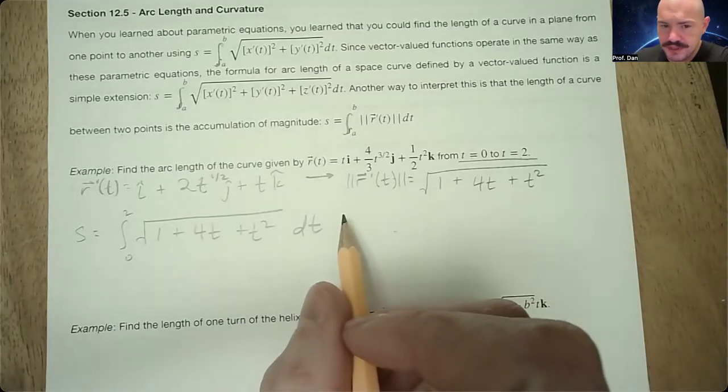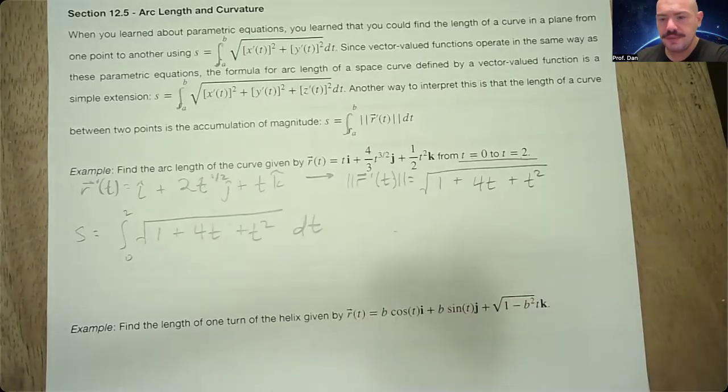With that said, though, I am going to just evaluate this using Desmos calculator. Again, this is not something that you would be expected to anti-differentiate from scratch.